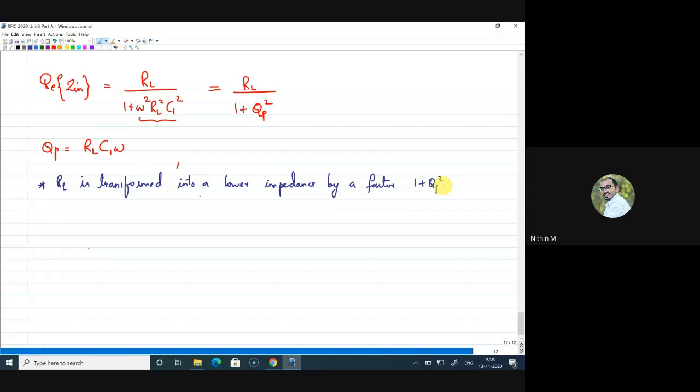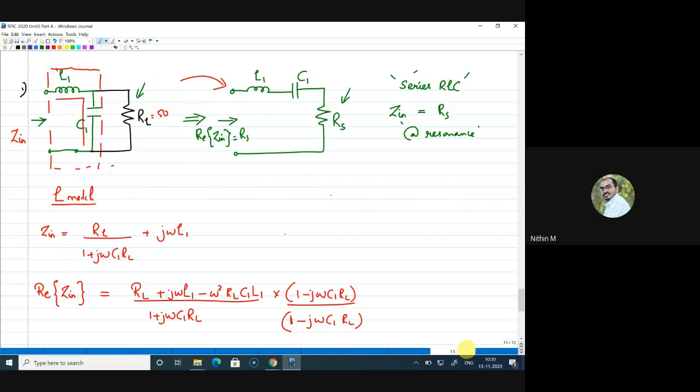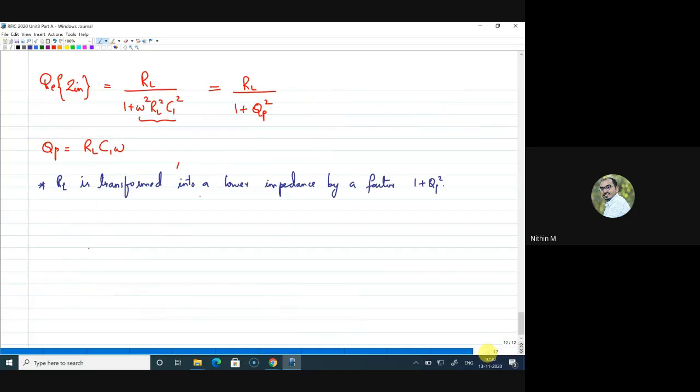Okay, now let us have a look at the imaginary part. I have taken only the real part of this. So definitely when I do it, I'll get an imaginary part, and that imaginary part should be equated to 0, right? So how can I set the imaginary part equal to 0? Can one of you unmute and tell me what the imaginary part components are? If some of you have done the analysis, you can tell me.